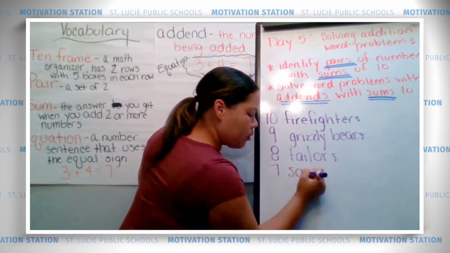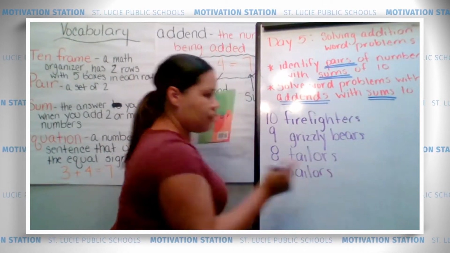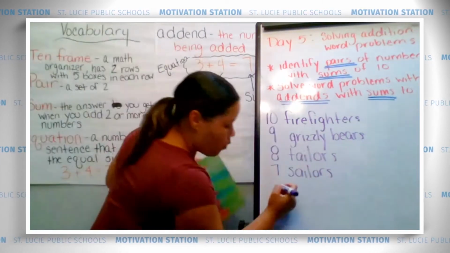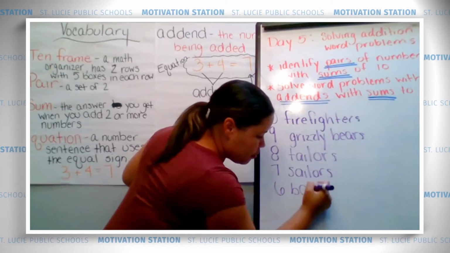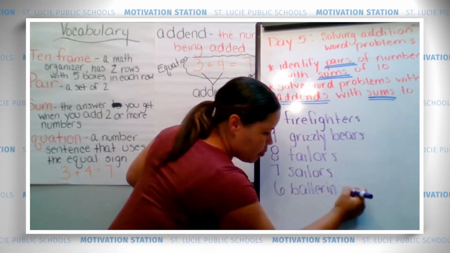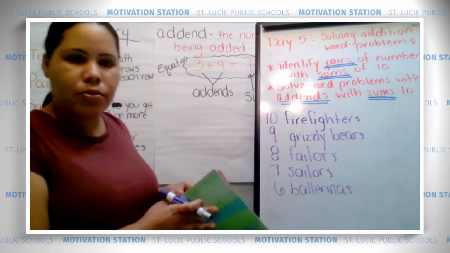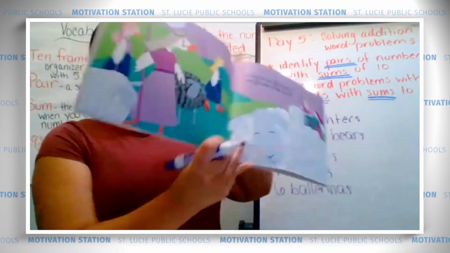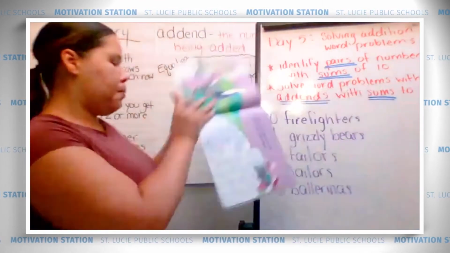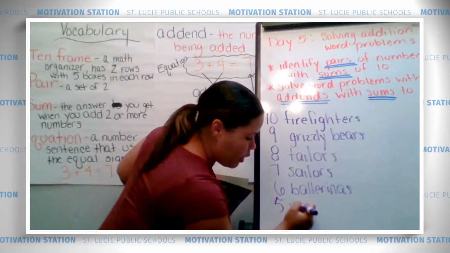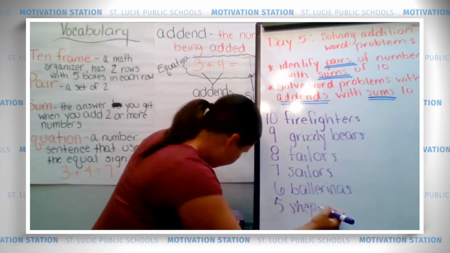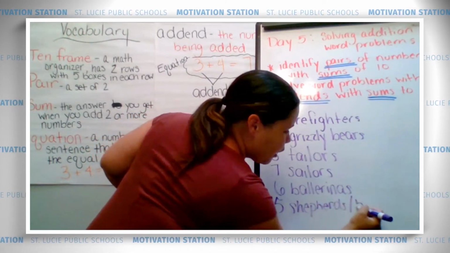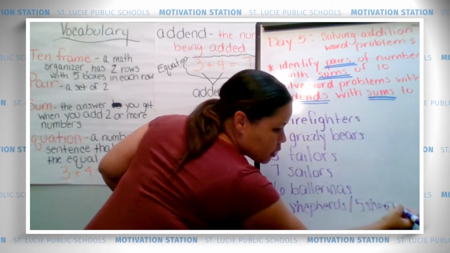Did you all remember those sailors? We had 6 ballerinas and 4 frogs. What did we have 5 of? We had two 5s because 5 and 5 makes 10. Our shepherds and our sheep. 5 shepherds. And we also had 5 sheep. I'm going to place those together.